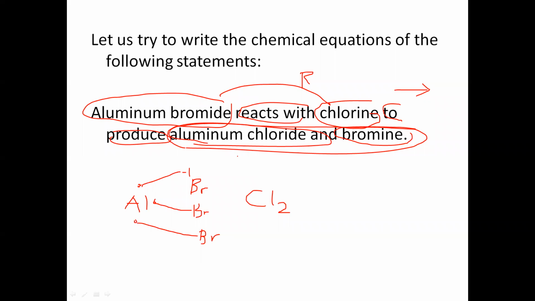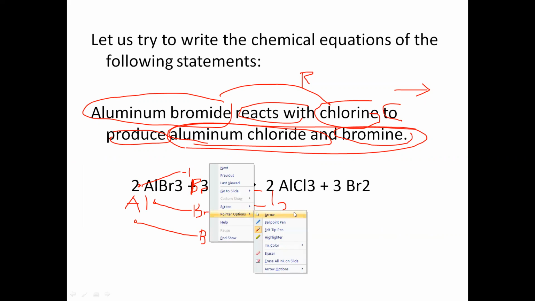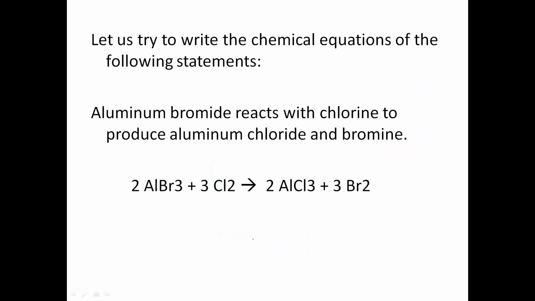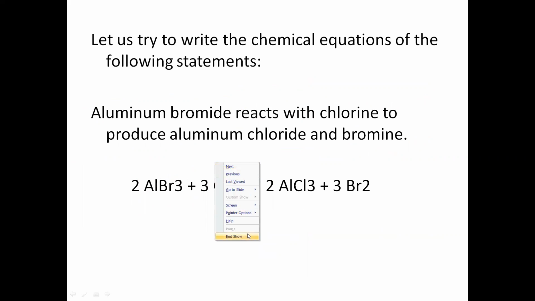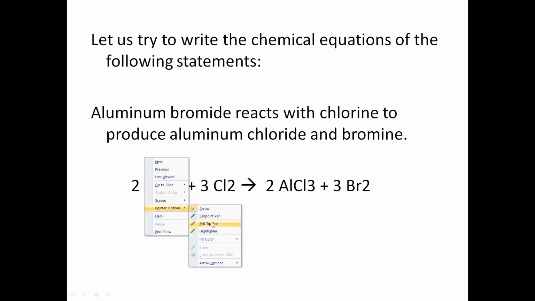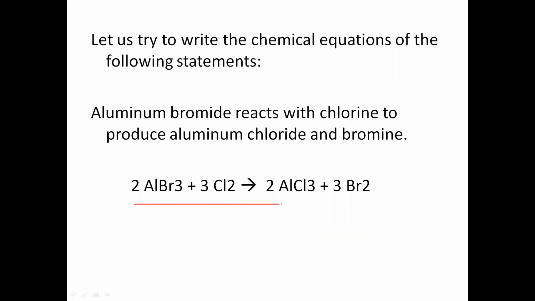So the chemical equation for this statement is this. Aluminum bromide, AlBr3, then there's the plus sign here. As you can see, this is the chemical equation of this statement.